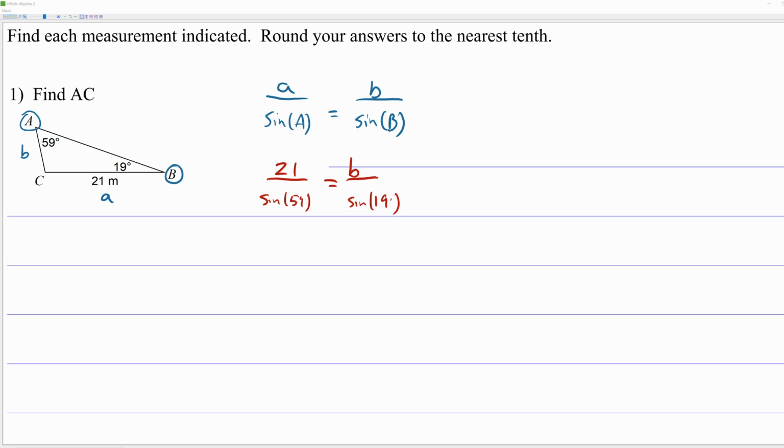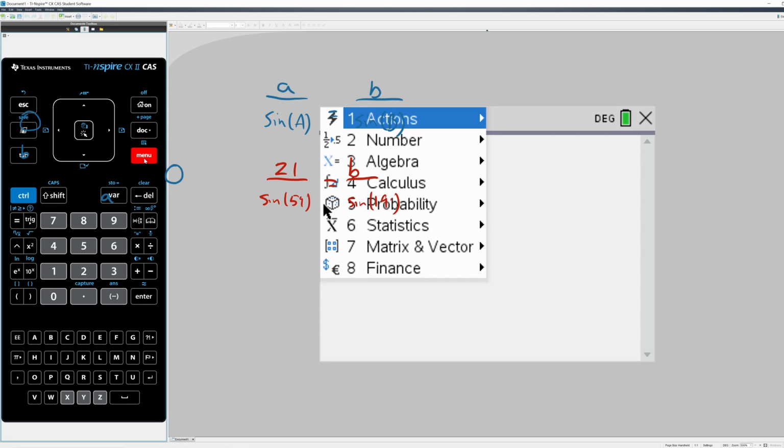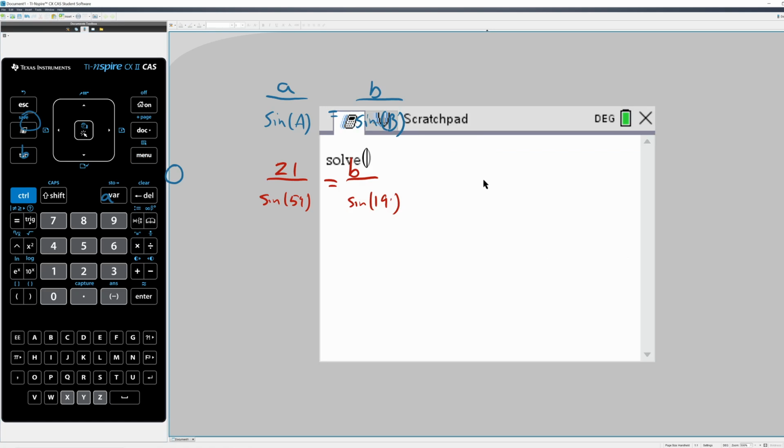So the simplest way to do this is with your calculator. We want to find lowercase b. So we'll go to our calculator, menu, algebra, solve, and we want to just solve this equation. I suggest when you're trying to solve an equation, use the fraction template when possible.